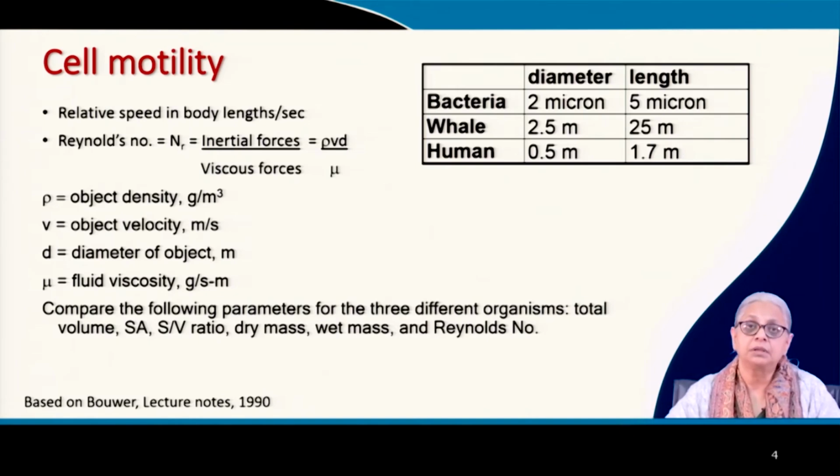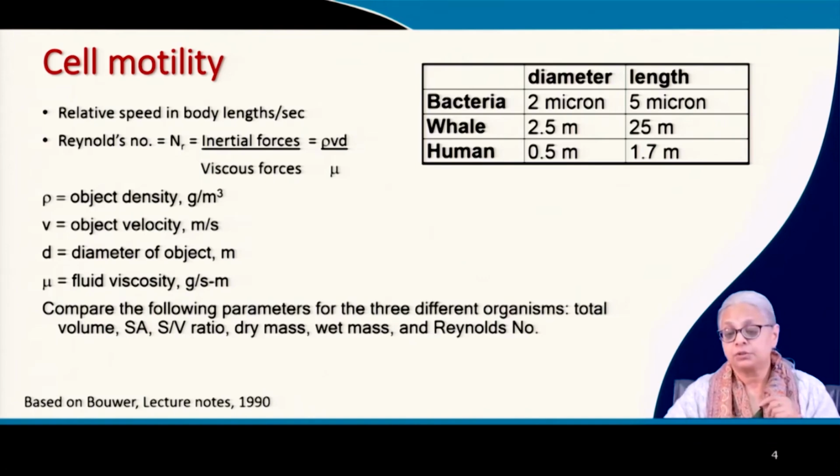It is a unitless number, and it is the ratio of inertial forces divided by viscous forces. The inertial forces are shown by rho V d. Rho is the density of the object, V is the velocity of the object, and d is the diameter of the object. Divide that by mu, and mu is the fluid viscosity in grams per second per meter.